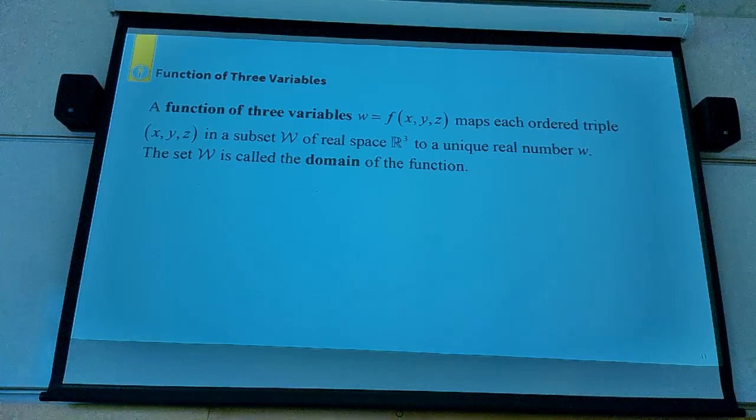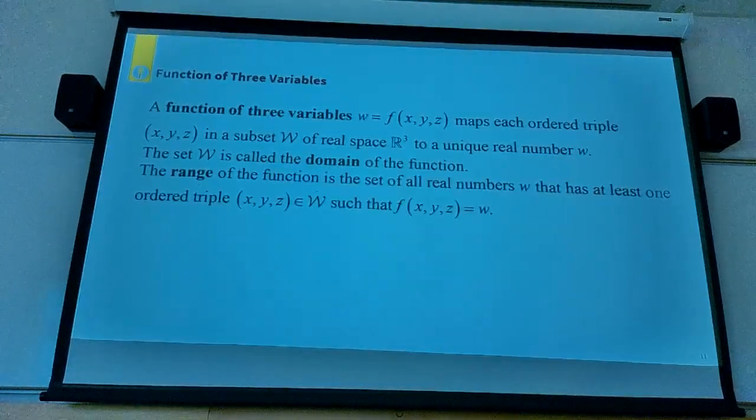Domain is now a set of ordered triples, so it's what we call a solid. And again, the range is just the real number line. It's a set of numbers. So now we just take a point in a solid and map it to the real number line.